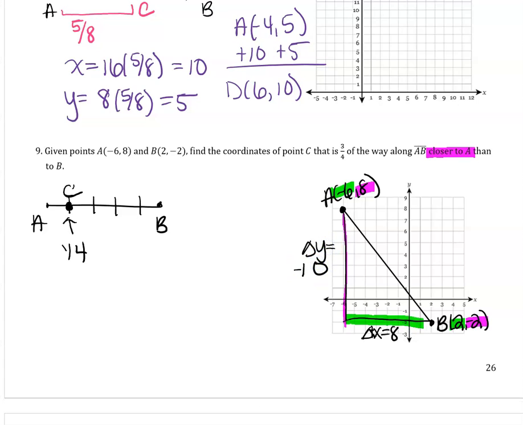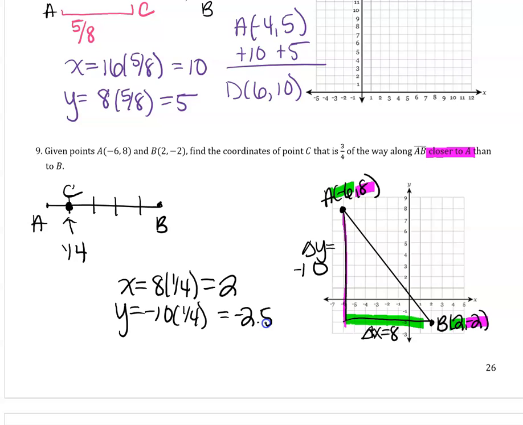Okay, so now those are the numbers I'm going to use with my scale factor of 1/4. Okay, so with my x's, I'm taking 8 and multiplying it by 1/4. 8 divided by 4 is 2. With my y's, I'm taking negative 10, multiplying it by 1/4. And that would give me a negative 2.5.